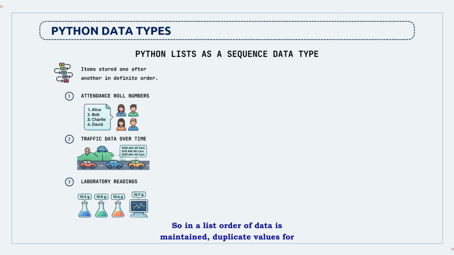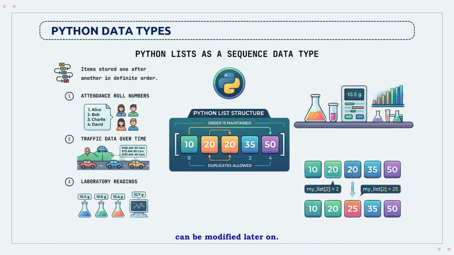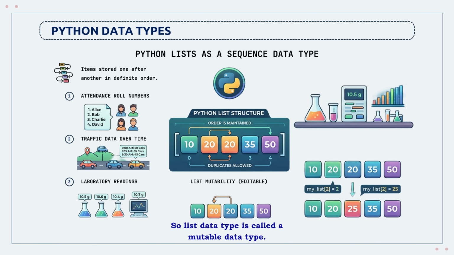So in a list, order of data is maintained. Duplicate values for those data are also allowed. Data can be changed later because the values inside a list can be modified later on. So list data type is called a mutable data type.